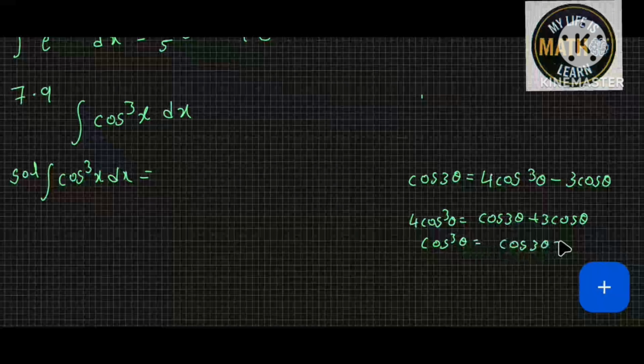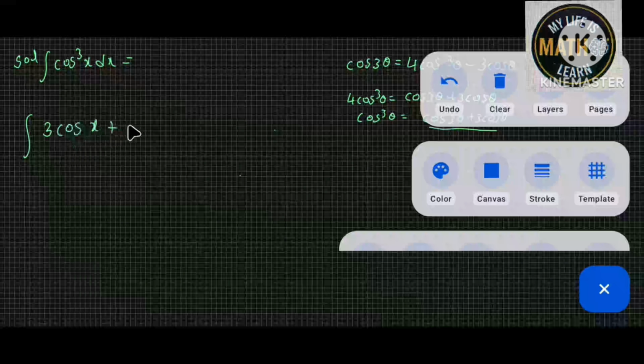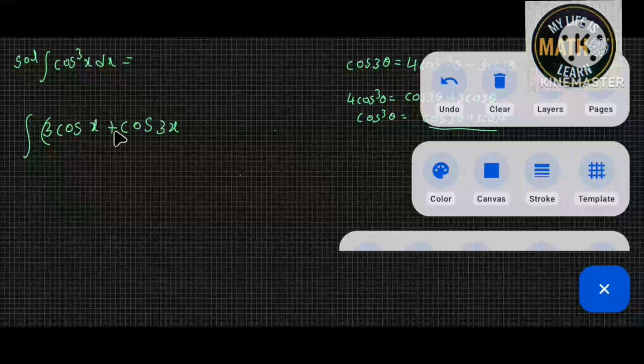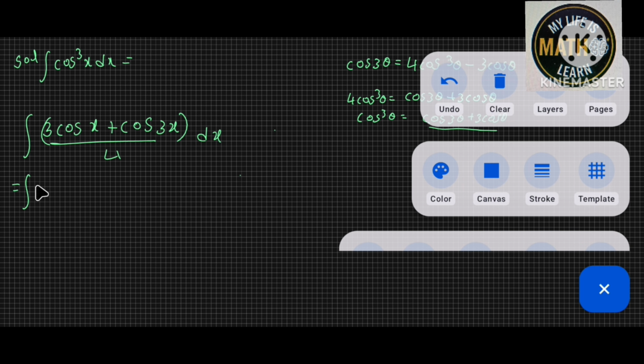That is equal to the integration of (cos 3x plus 3 cos x) by 4 dx. Write 3 by 4 first: 3 cos x by 4 plus cos 3x by 4 dx.